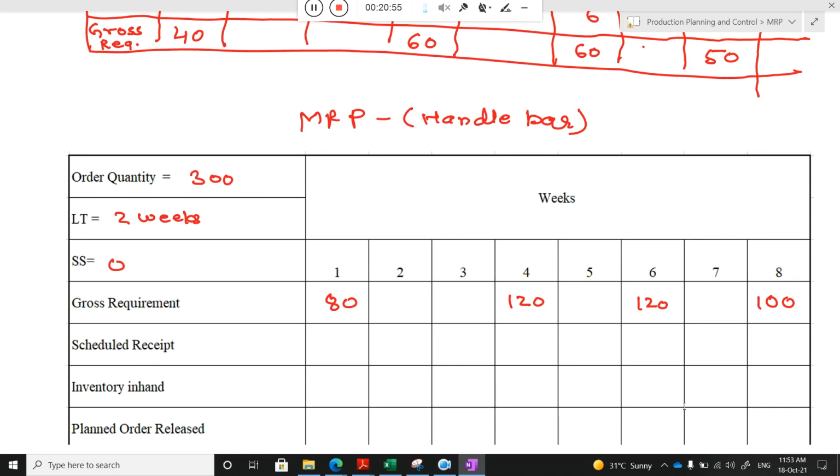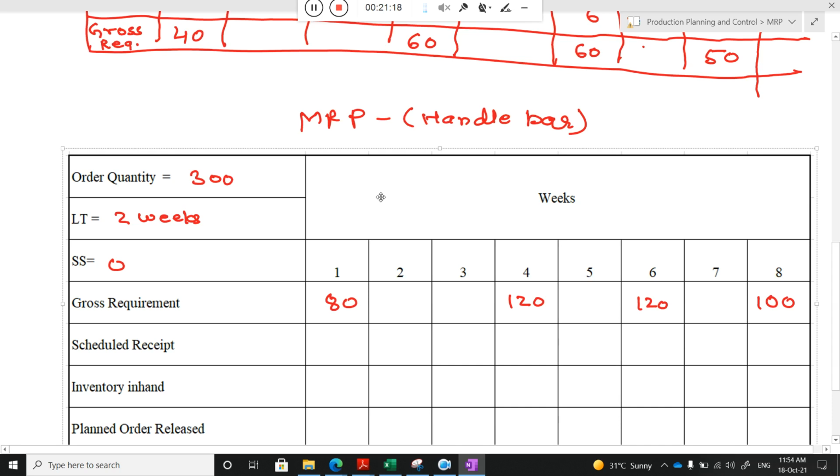Okay, so again I will go to the previous slide. Before that, the economic order quantity given here is 300. When you place an order, we need to order at least 300 handlebars in one order, that is the quantity of handlebar we need to put per order to suppliers.